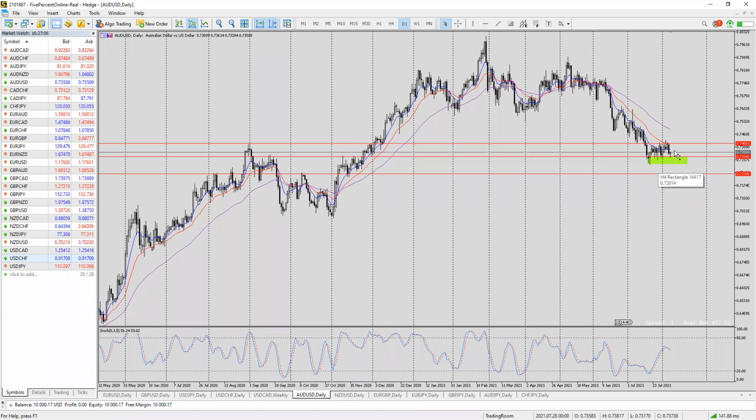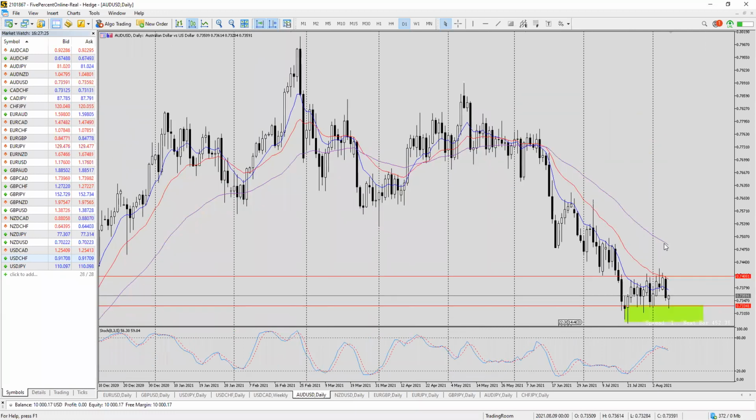The dollar is consolidating, okay, and could move lower. But if it reaches above this level of 0.74, this resistance line, if it closes above it, then we could see it moving even higher towards this area here, okay, where the 50 EMA is and the previous resistance is.